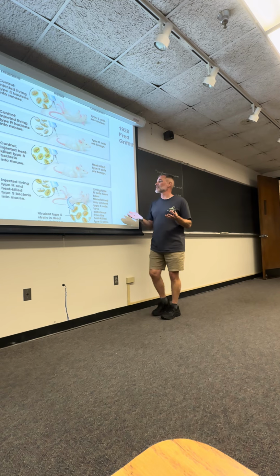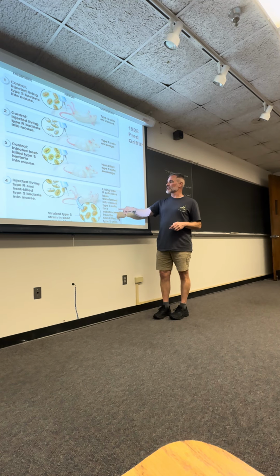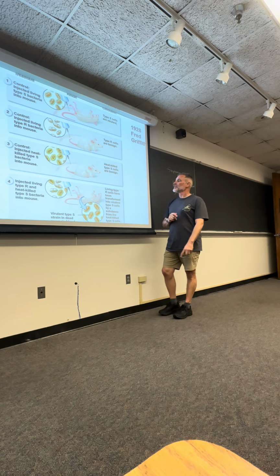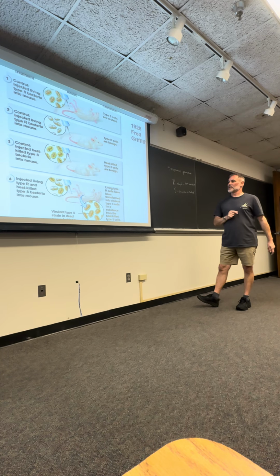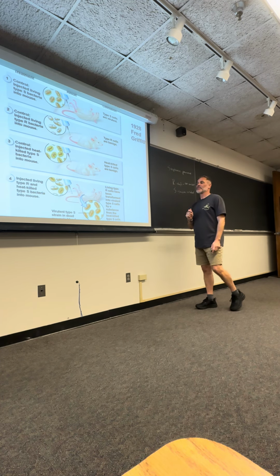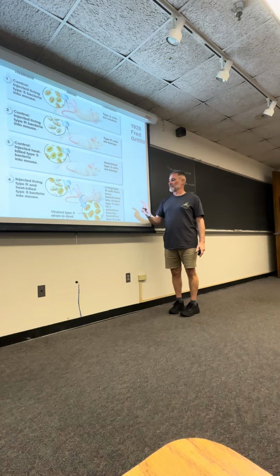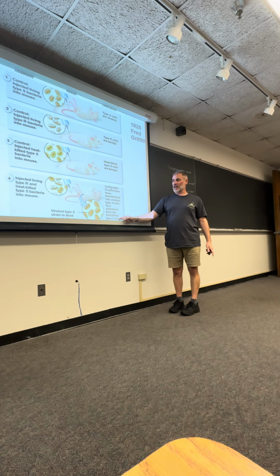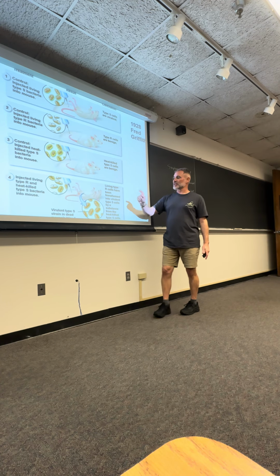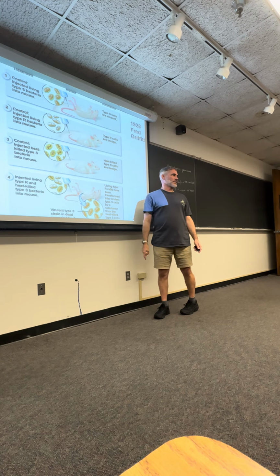Only dead S cells. And so the conclusion, the crux of it all, is that the R cells had been transformed into S cells by something from the dead S cells. Something inside the dead S cells had actually genetically altered the R cells.